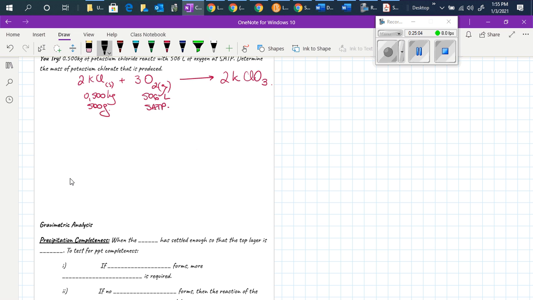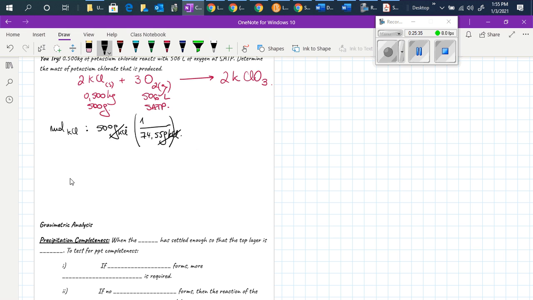So in the case when we are using the method that I just explained to you, and I've been doing, we will identify the moles of potassium chloride. So we'll go 500 grams of potassium chloride times the molar mass of potassium chloride, which is 74.55 grams of potassium chloride per mole.